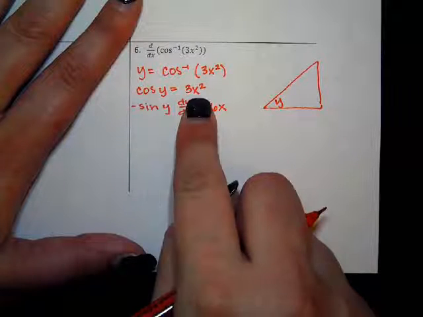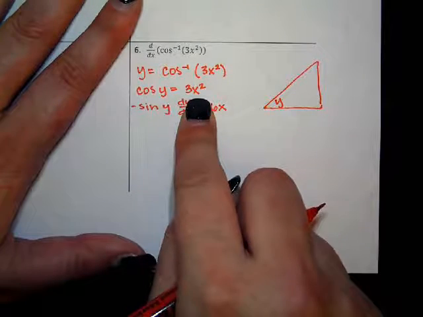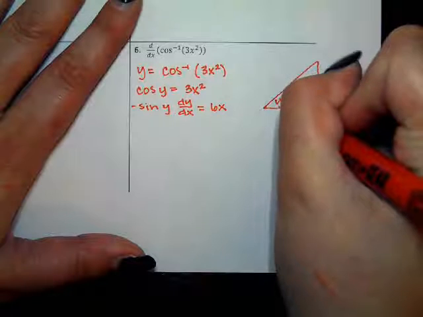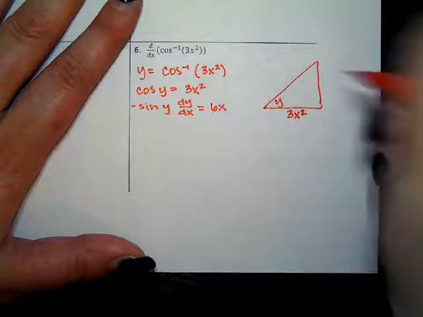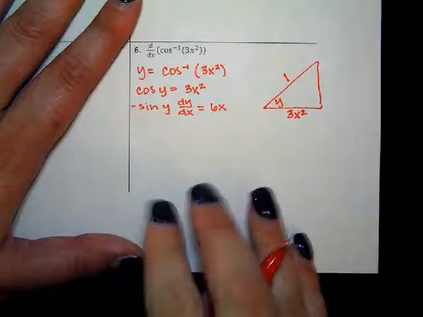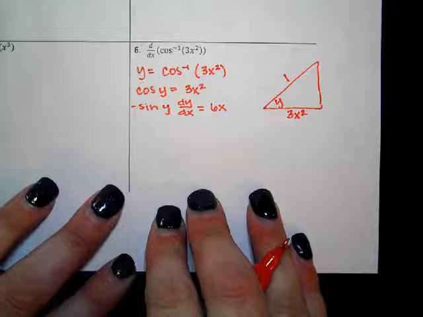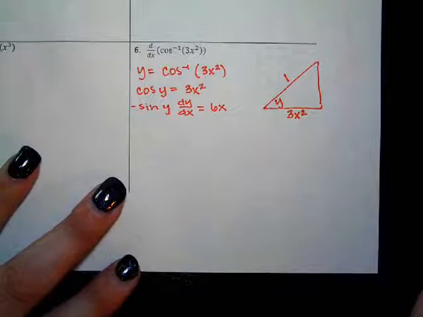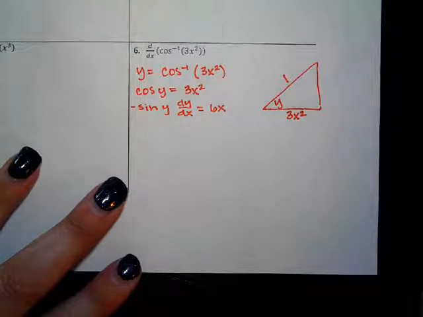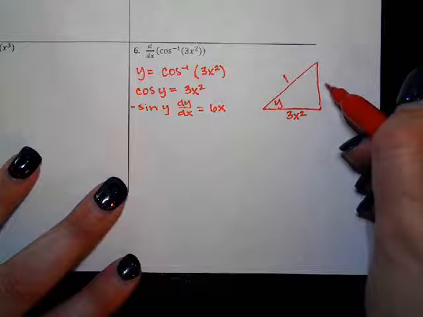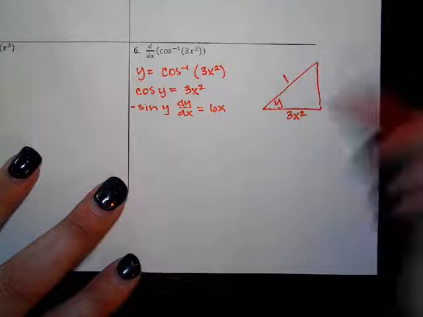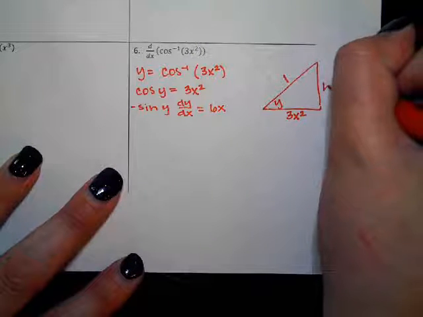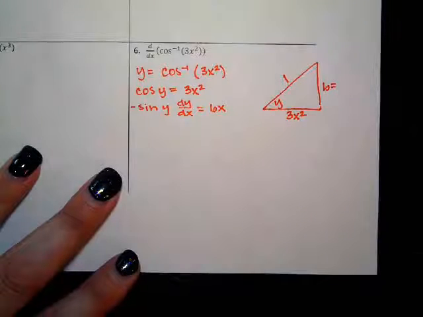Cos y equals adjacent over hypotenuse. And this side could be A or B, it doesn't matter. Go ahead and call it B. Okay.